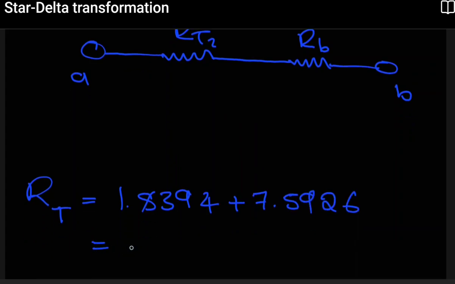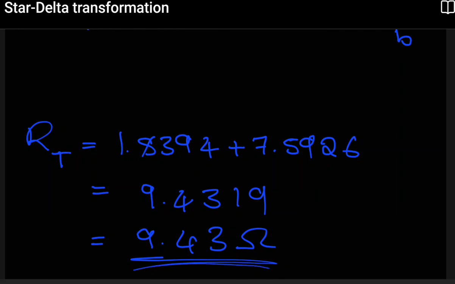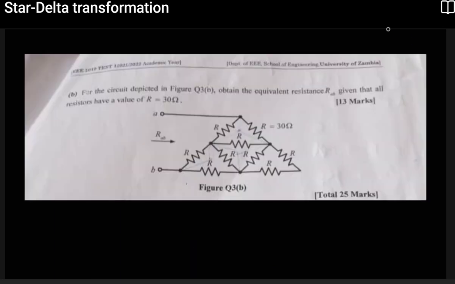So if we add these, we get 9.4319. Of course, we can just write this as 9.43 ohms. So this becomes the total resistance in our circuit. So this is just one example. Let's see if we can do another example to just make this more clear.